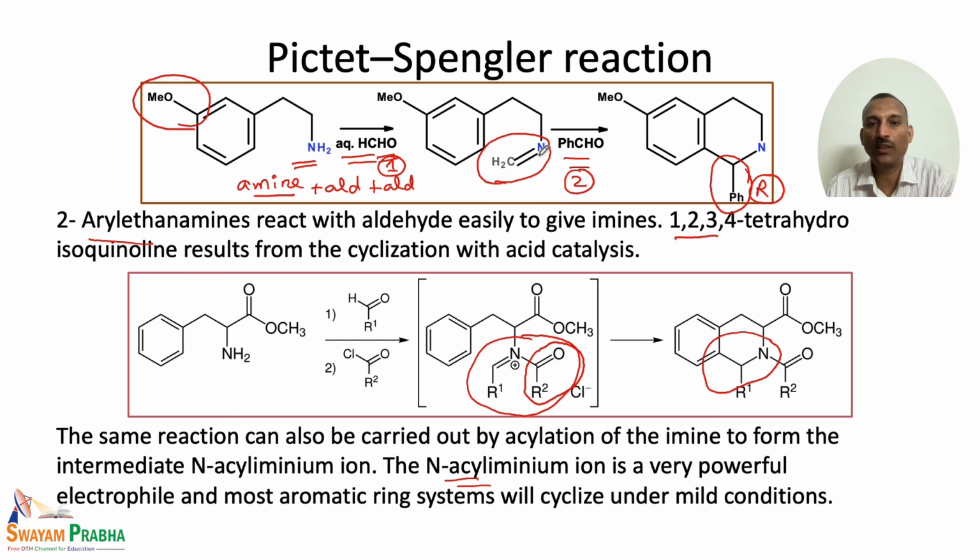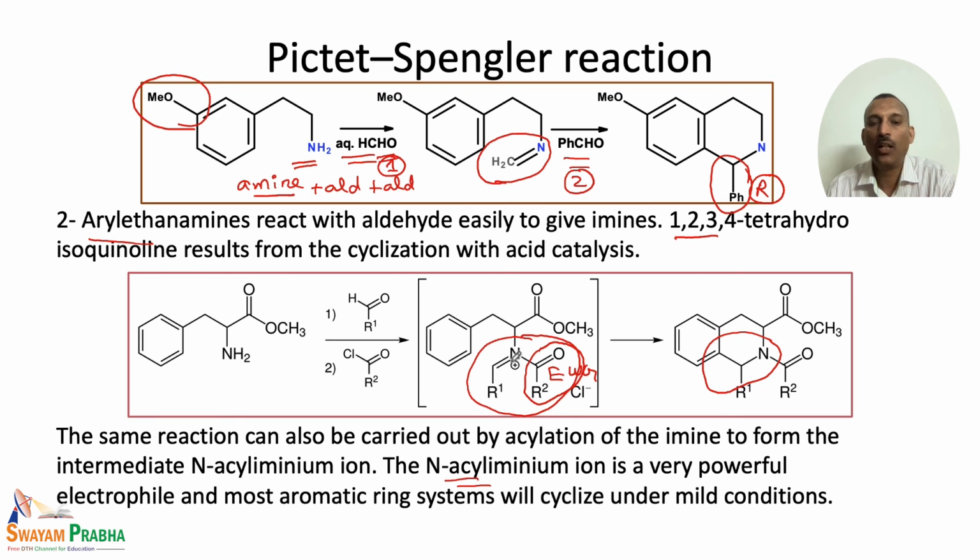If you look at this imine, this is our starting material in the previous process. Here this imine is not highly electrophilic in nature, but the moment we put an electron withdrawing group, because the carbonyl unit, especially the acyl unit, is electron withdrawing in nature, that makes this nitrogen even more electrophilic.